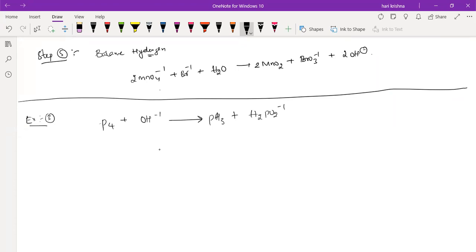This will happen in the basic medium. Just solve it and tell me the final answer, okay? P4 plus OH minus gives rise to PH3 plus H2PO2 minus 1, in the basic medium. Complete all the 5 steps and tell me the final answer, okay? I will wait till you get the answer.